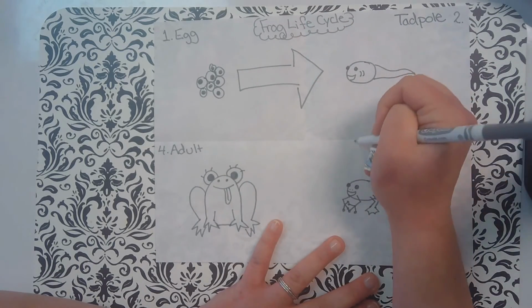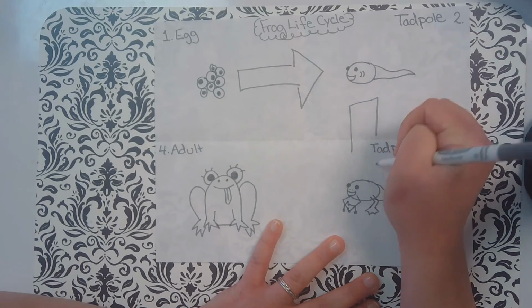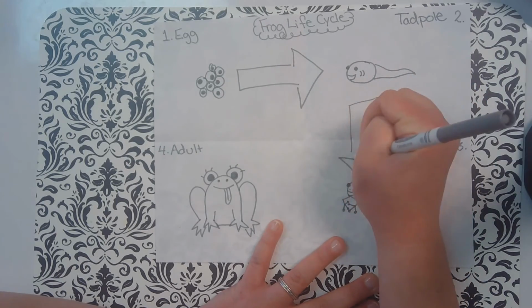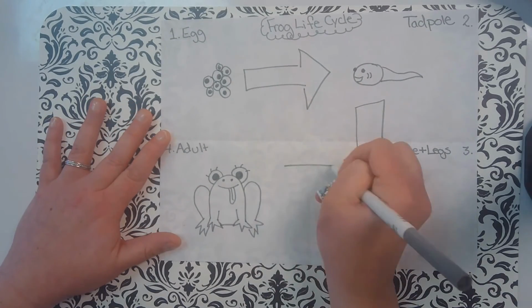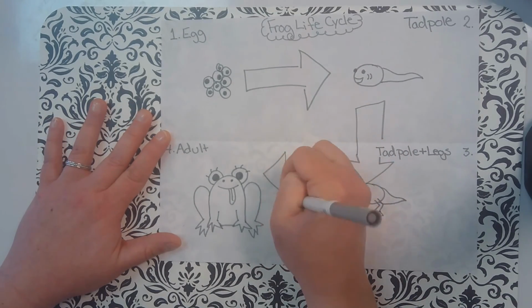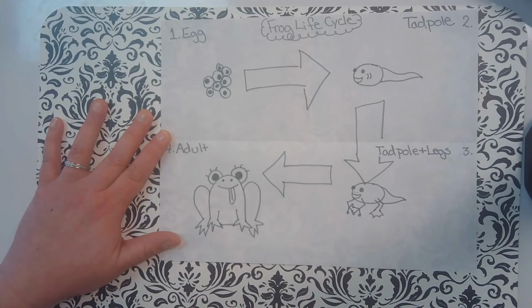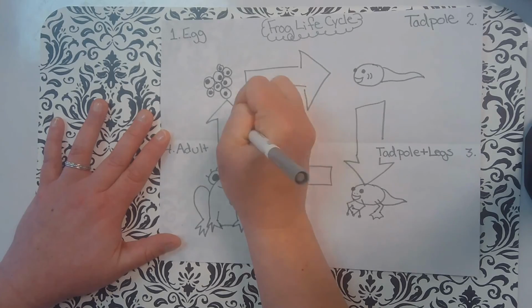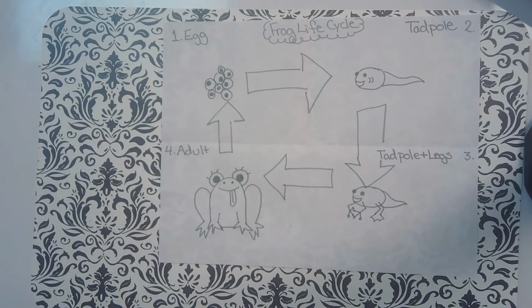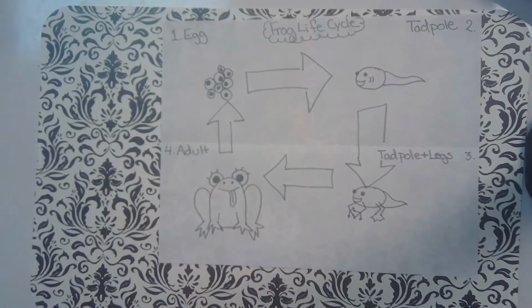After you're a tadpole, you become a tadpole with legs. After you're a tadpole with legs, you become a frog. And adult frogs are the ones who lay the eggs. Hooray! We've created a scientific diagram of the frog life cycle.